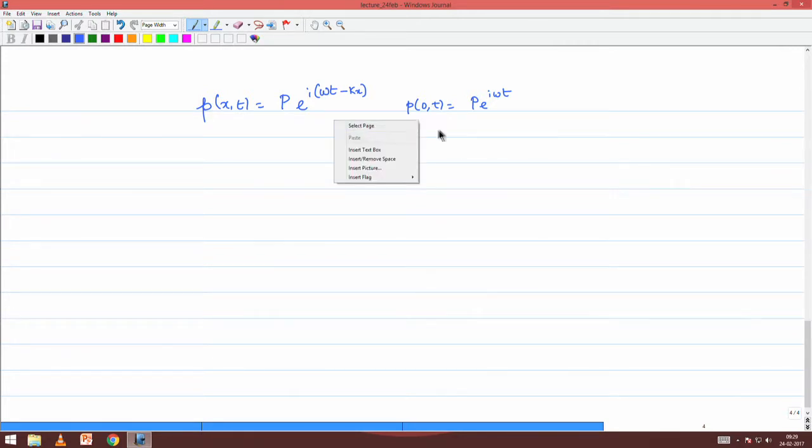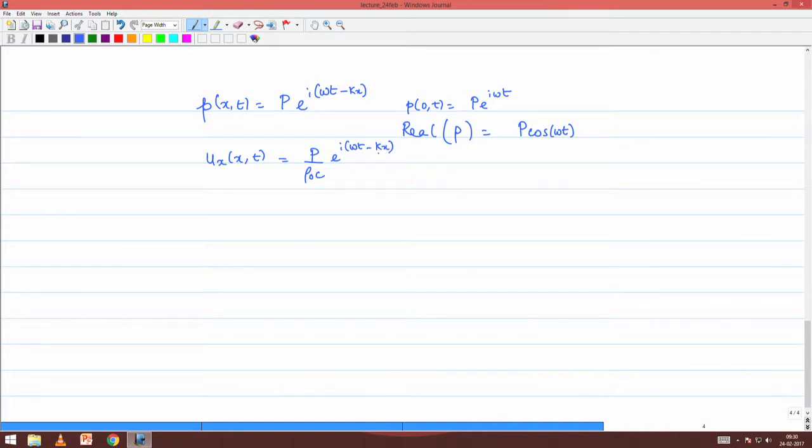So, the real part of acoustic pressure is going to be P cos ωt. What about u_x(x,t)? That is going to be P by ρ0c e^(i(ωt − kx)), ρ0c being the characteristic impedance.